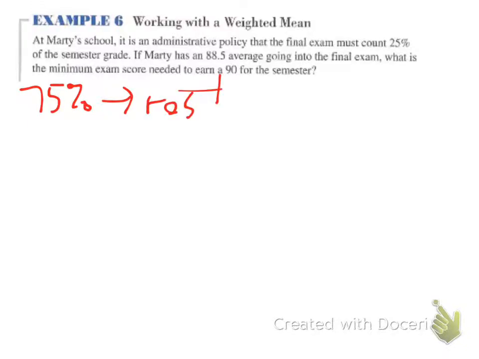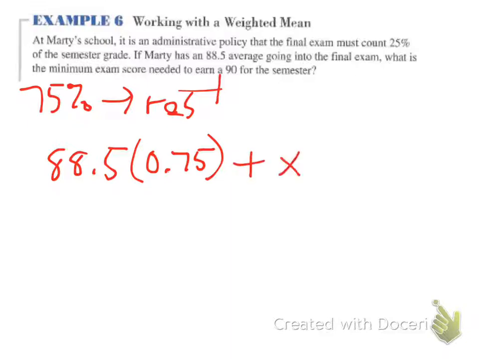So that means that 88.5 is going to be multiplied by 0.75 because 75% of the final grade is everything leading up to the final, plus X, because we don't know what score he needs to get a 90. It's going to be X times 0.25 because 25% of the final grade is the final.